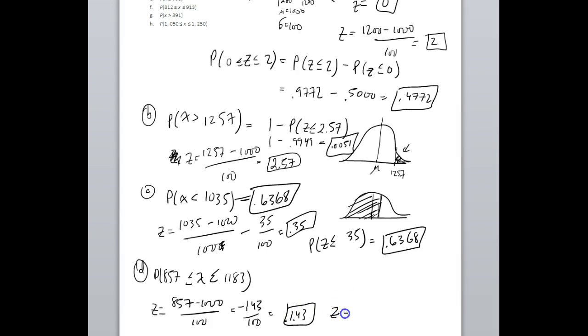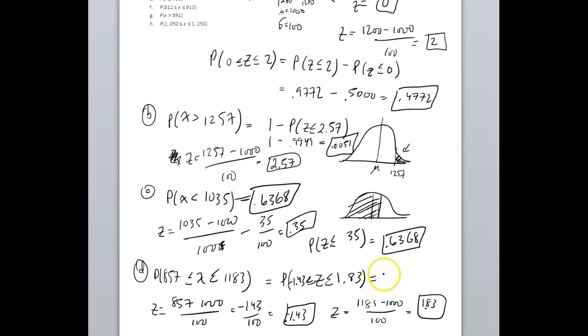And then 1183, and that's going to be 183 over 100, which is 1.83. So then this is just going to equate to the probability that z is between negative 1.43 and 1.83.